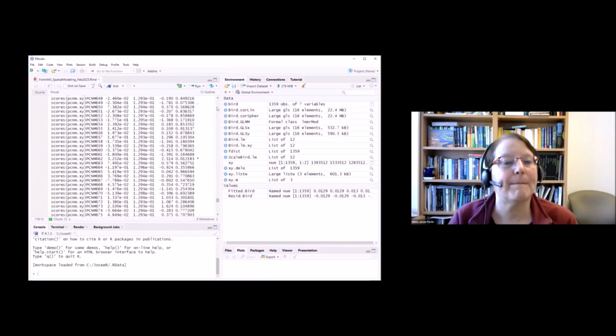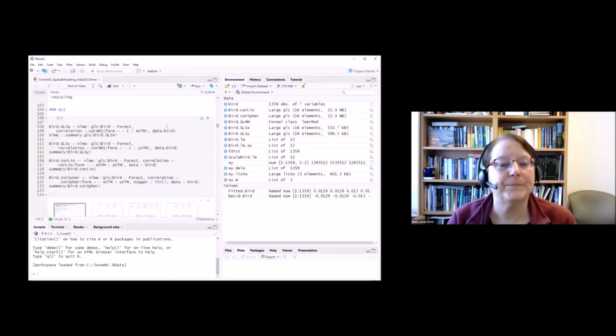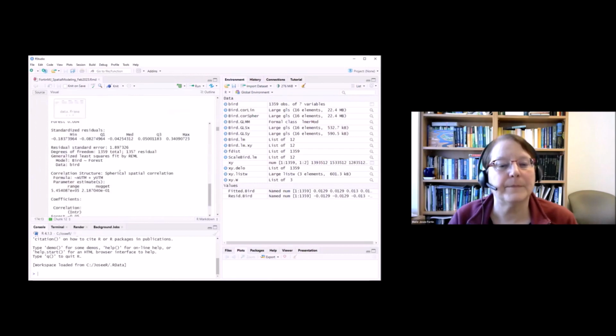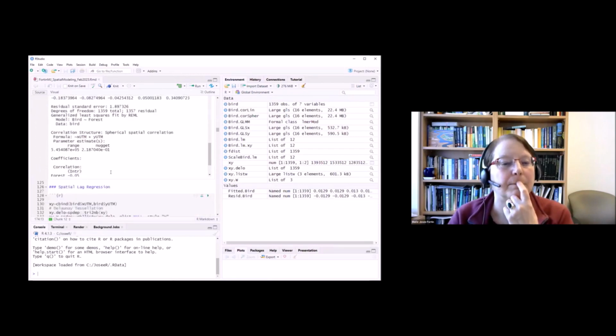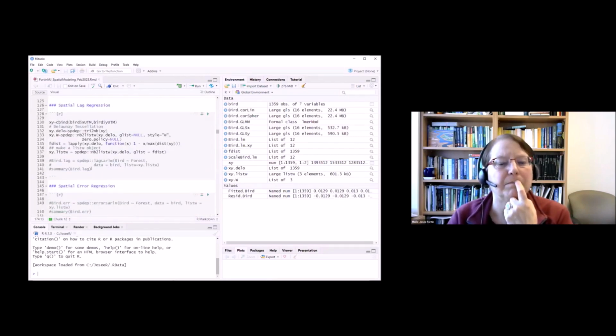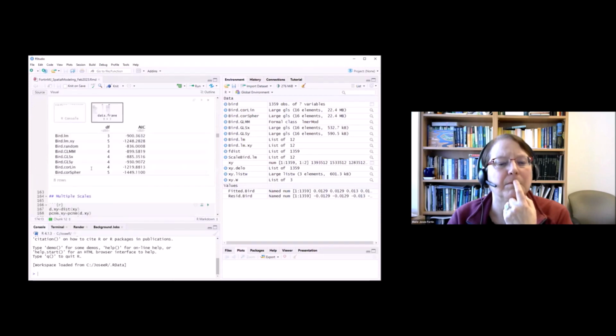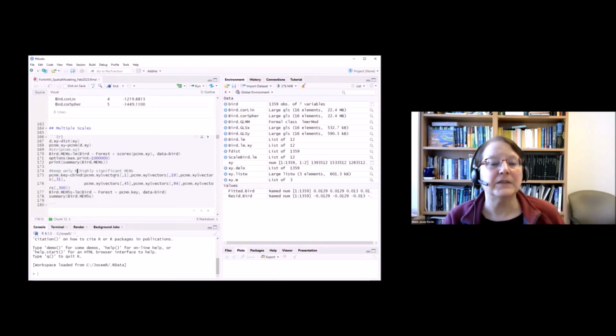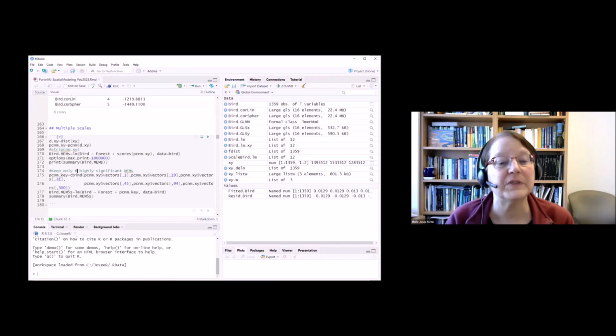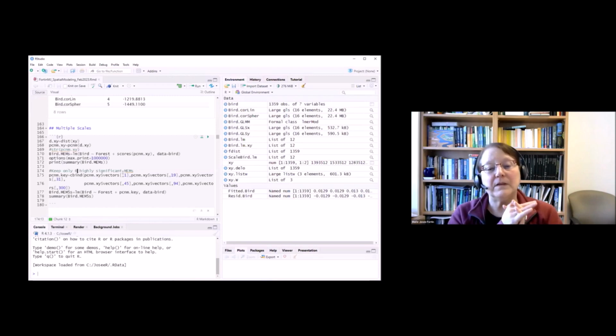Where is it? Yes, so here, if you could see, I select the first sine cosine, the larger scale.